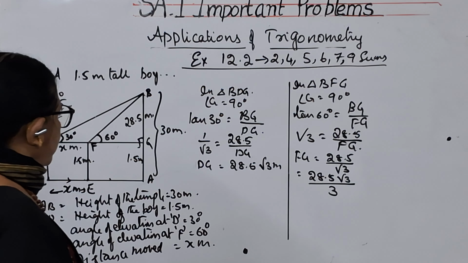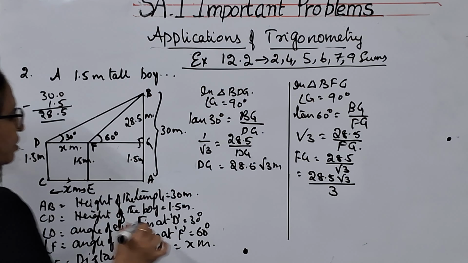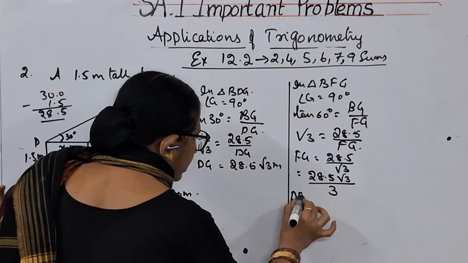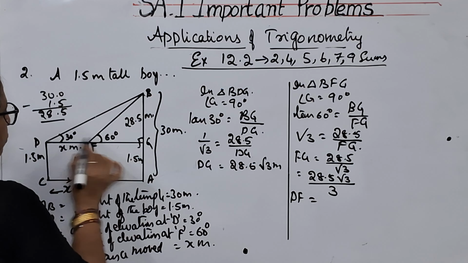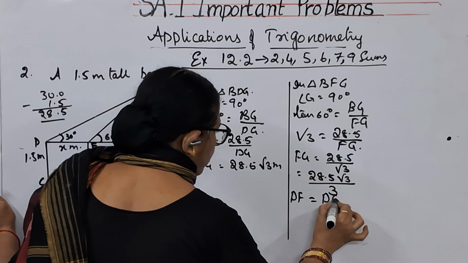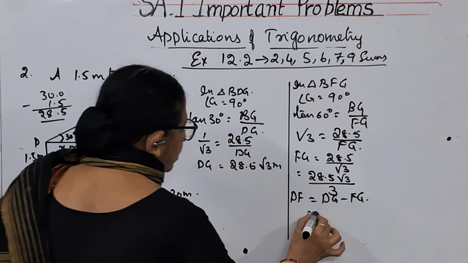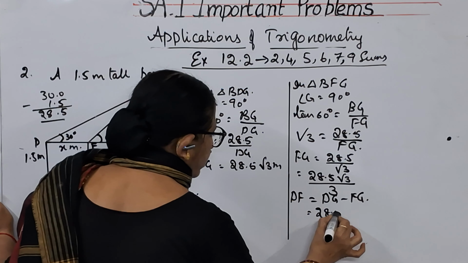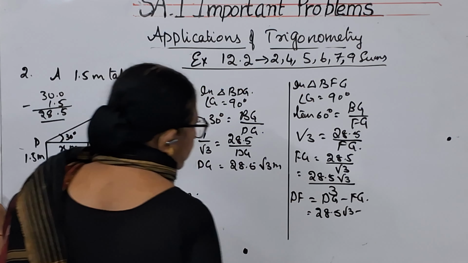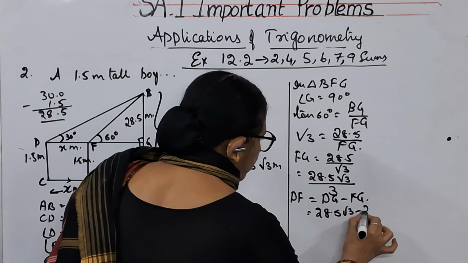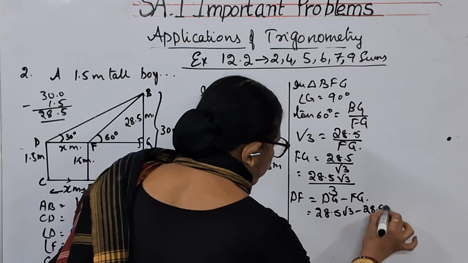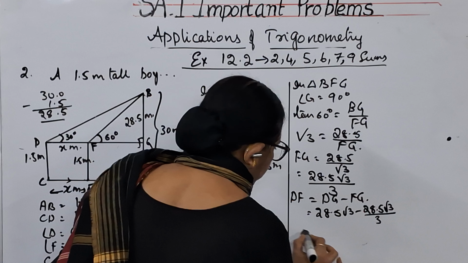Now the question is, how much distance he has travelled? That means you want DF. How do you get DF? DG minus FG. What is DG? 28.5 root 3 minus FG, which is 28.5 root 3 by 3.